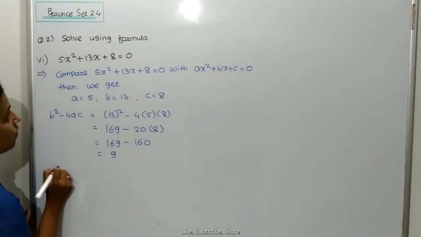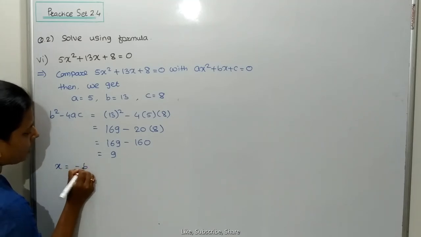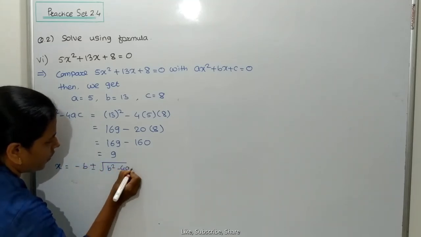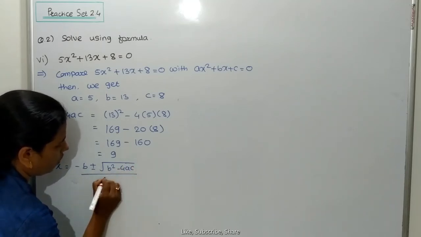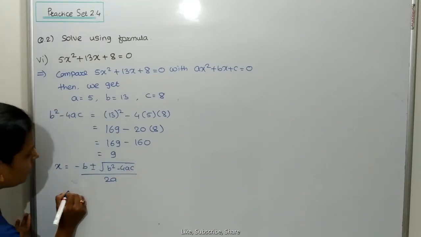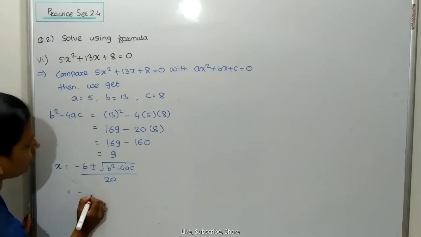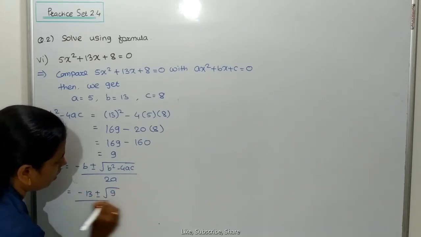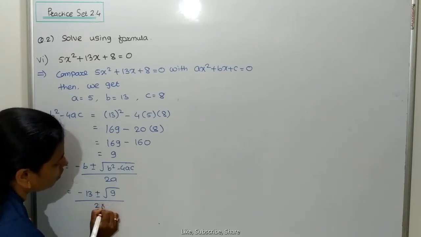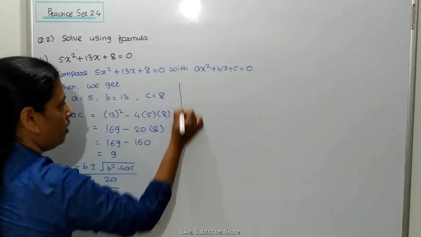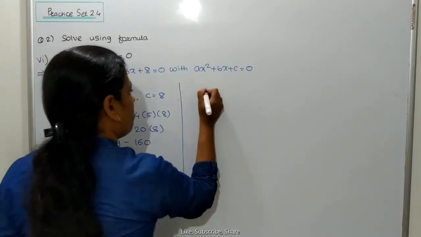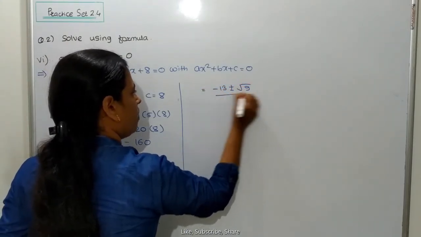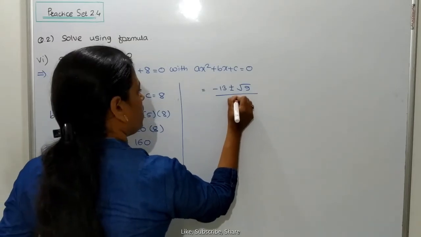Now x is equal to minus b plus minus root of b square minus 4ac upon 2a. Okay, put the values of the variables: minus b value is minus 13 plus minus root of 9 upon 2 into 5. Then minus 13 plus minus root of 9 upon 2 into 5, that is 10.